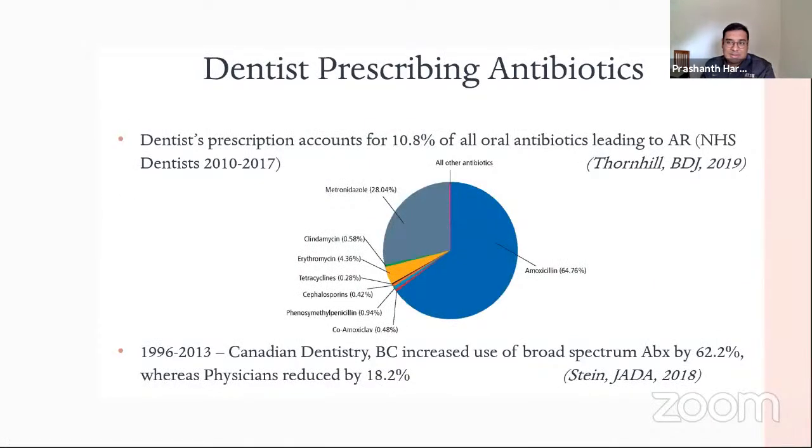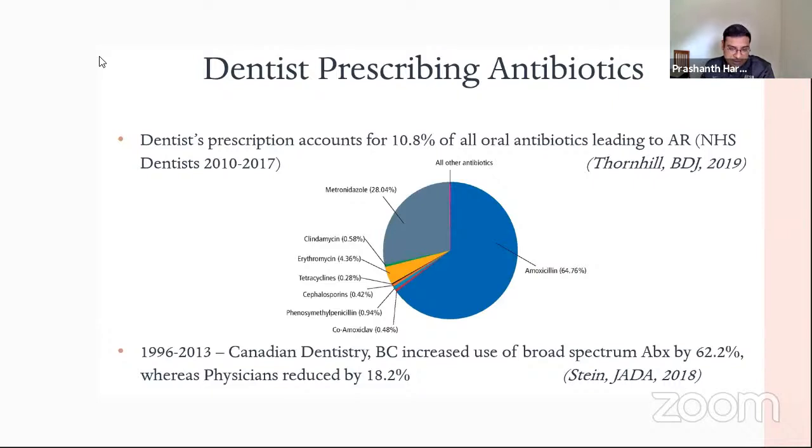So let's look into the data and statistics. I wanted to get some numbers on how we are prescribing antibiotics in different groups in different parts of the world. Some data from England, from the UK: dentists account for 10.8% of all antibiotics prescribed, and they predominantly prescribe amoxicillin.